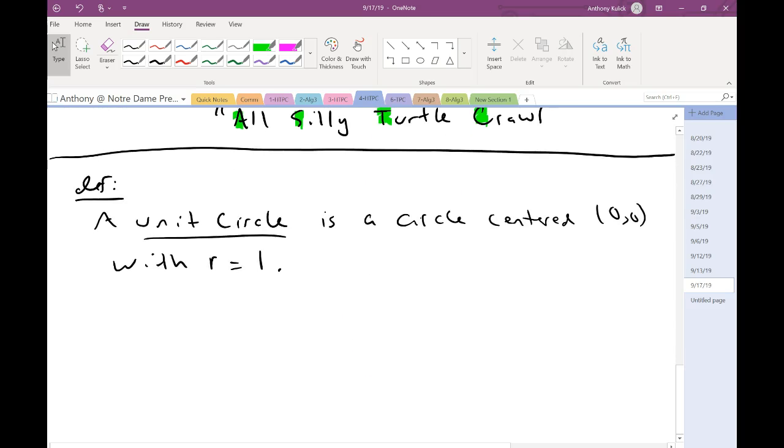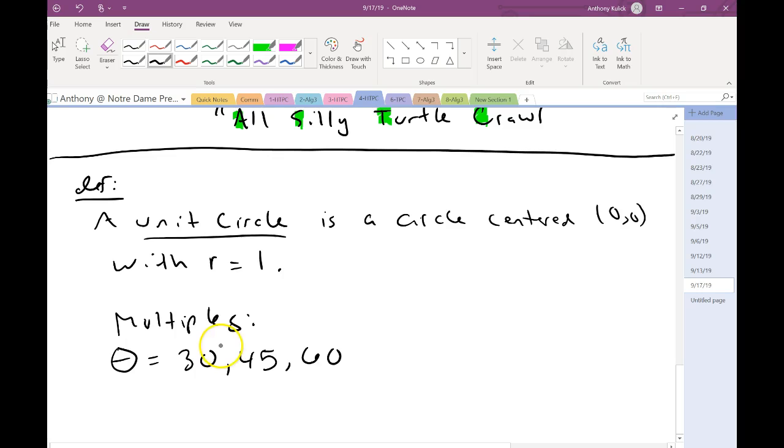Those angles of theta that we can calculate an exact value for are multiples of 30, 45, and 60 degrees.